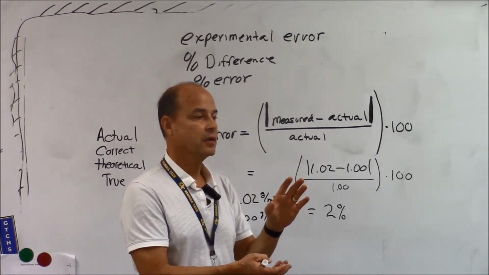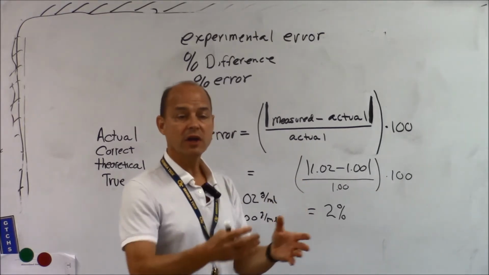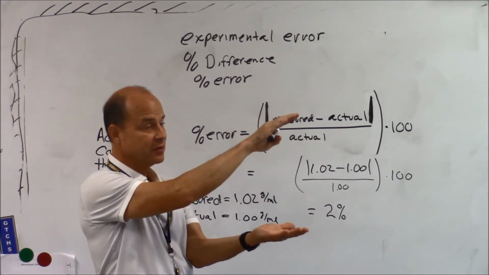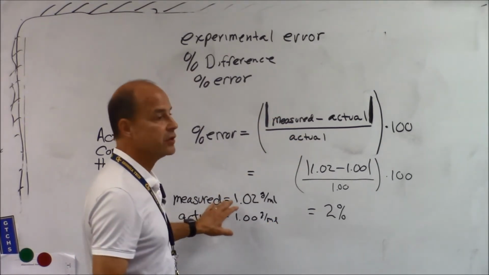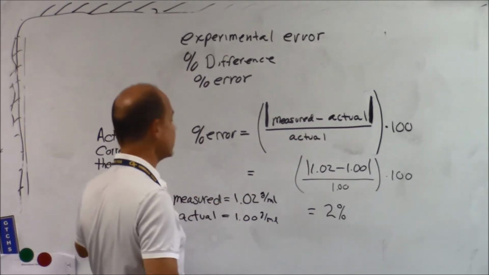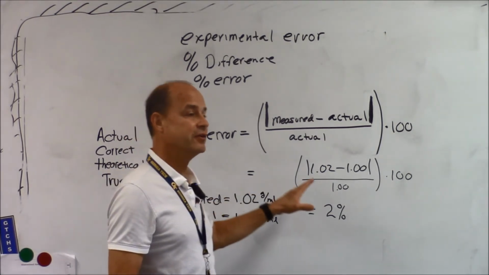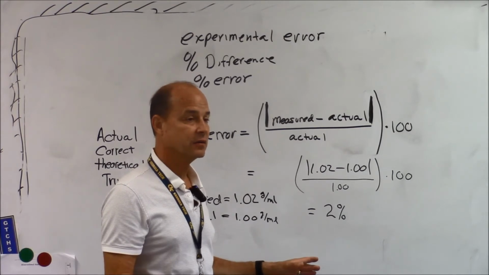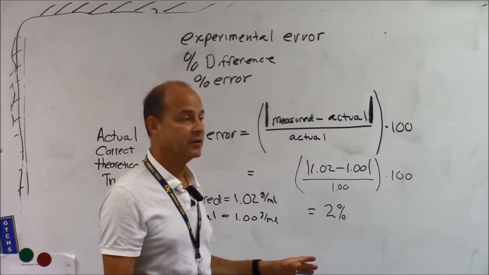Not very high. But if we launched the rocket and then we measured the altitude of the rocket and we only got 100 feet, then our measured value was 100, our actual value, or true or correct or theoretical value was 150. We're looking at like 30% experimental error. We got some explaining to do.